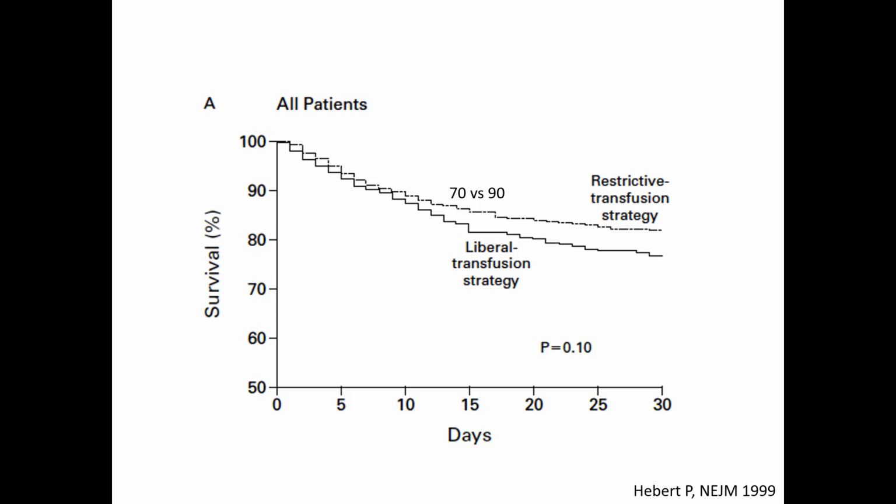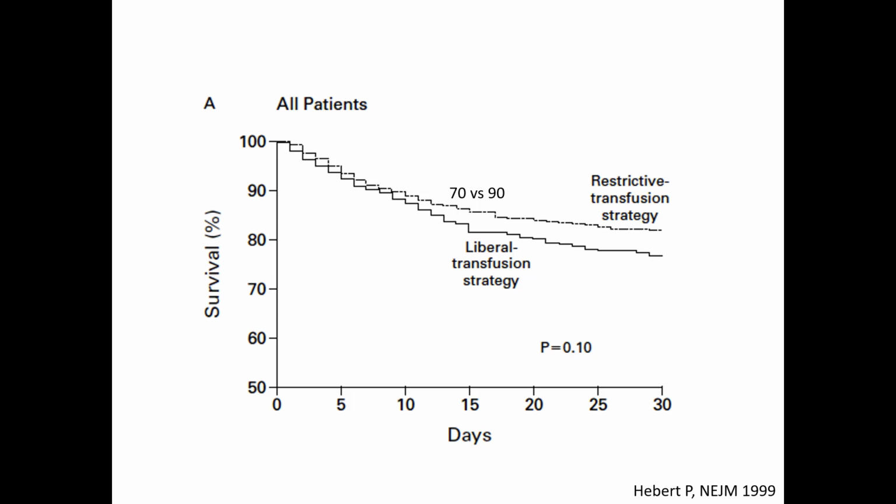Part of the clinical trial was designed to identify if there was any harm in waiting for patients to drop to a hemoglobin less than 70, and that was a restrictive transfusion strategy. And this was compared with the liberal transfusion strategy, where patients were given 1 unit of red cell if the hemoglobin dropped to less than 90. This is the first large clinical trial looking at a restrictive versus liberal transfusion strategy.